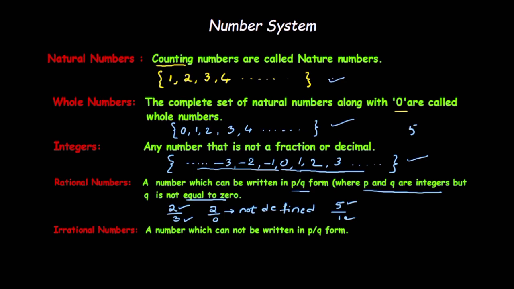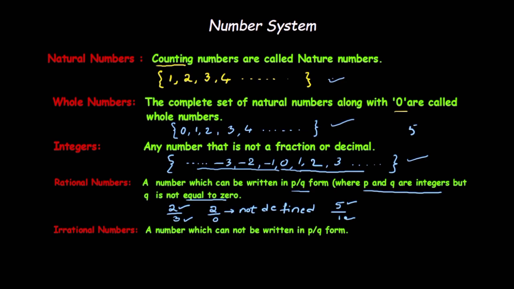Can you give me an example of a natural number which is a whole number, integer and rational number? Every natural number is a whole number, every natural number is an integer, and every natural number is a rational number. But every rational number is not a natural number, every rational number is not a whole number, and every rational number is not an integer.